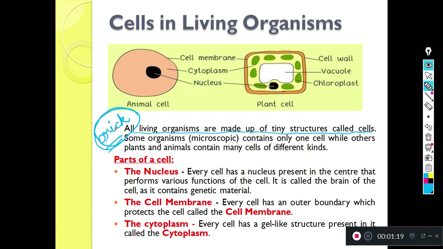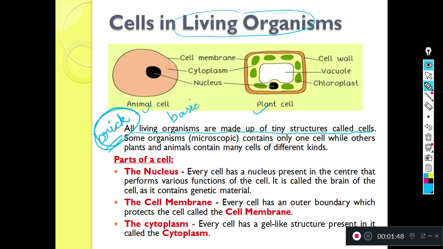Okay? In the same way, when we are saying living organisms, it is a big term. It includes all the plants and all the animals and so many microorganisms also. So everything which is living is also made up of some basic unit.